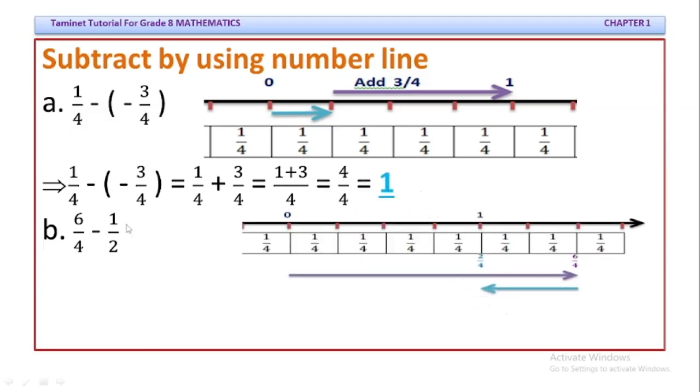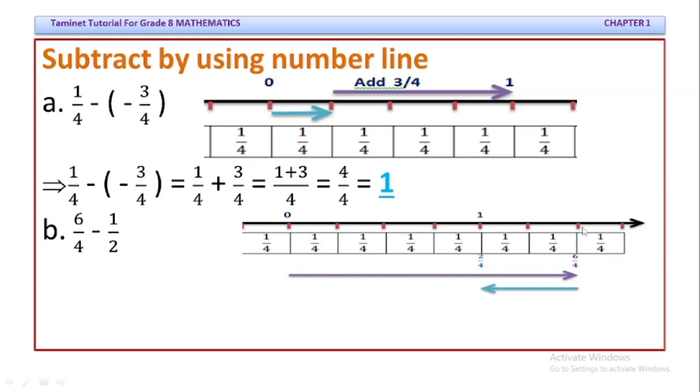6 over 4 minus 1 over 2. So 6 over 4, what do we mean by 6 over 4? 6 over 4 means 3 over 2. Now look, 1, 2, 3, 4, 5, 6. You see, this is from 0 up to 6 over 4.